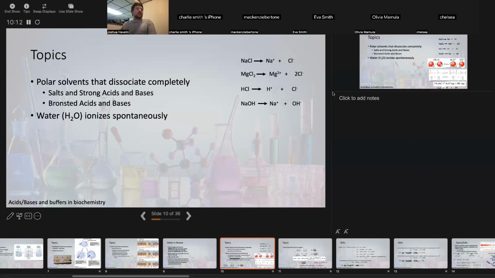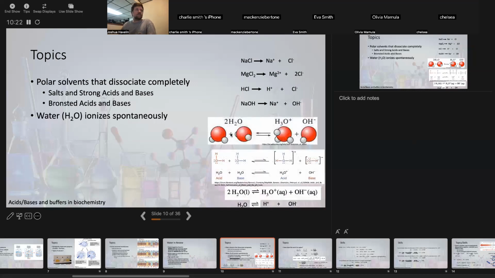It's kind of like broken my train of thought, but if you guys weren't aware, I guess this is how I'm going to roll into this. If you guys weren't aware, water ionizes spontaneously to a very, very small extent. So water can essentially, in an incomplete fashion, dissociate into our hydronium ion, H3O+, and hydroxide, just OH-.